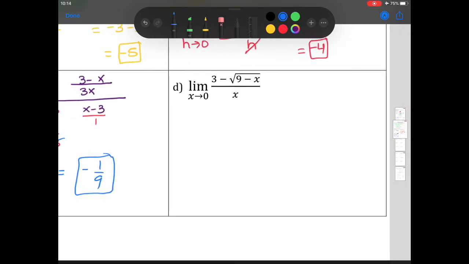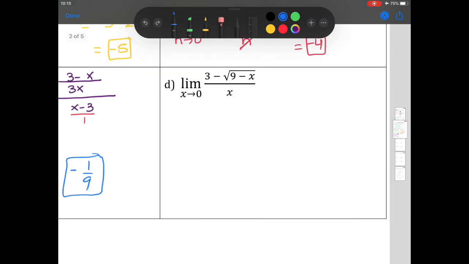Now if I substitute 0 for x, I get a denominator of 0, so this won't work. So what do I do? I'm going to rationalize the numerator. Remember, your terms are separated by plus and minus, so this is what you're going to change.